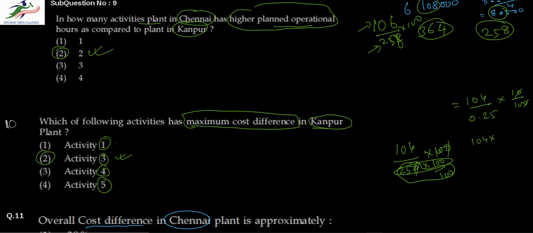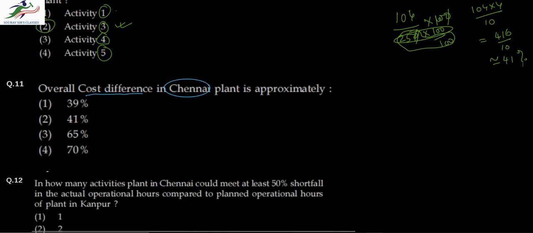So 104 into 4 by 10, that is 416 by 10, which is roughly equal to 41%. And you see that in option 2 it is given as 41%, which is the correct answer.